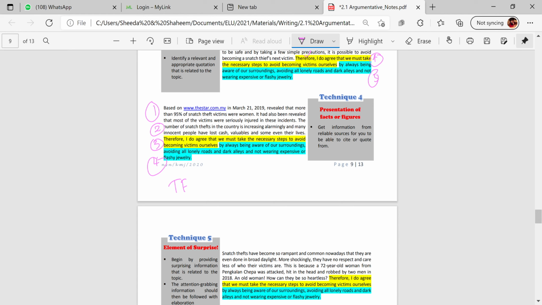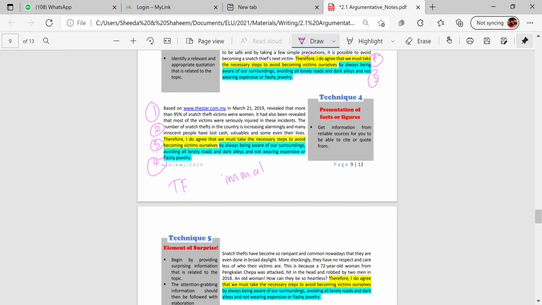Now, if you were to write based on a survey done, research done, studies done, if you're just generally indicating a survey done, research done, journal done, but you do not specify which research, which survey, which journal you are referring to for your facts or figures, there is no specific name of the research, then it is considered as immature.